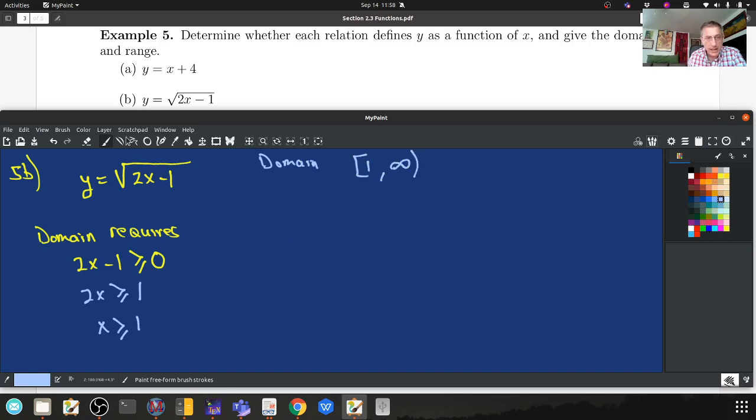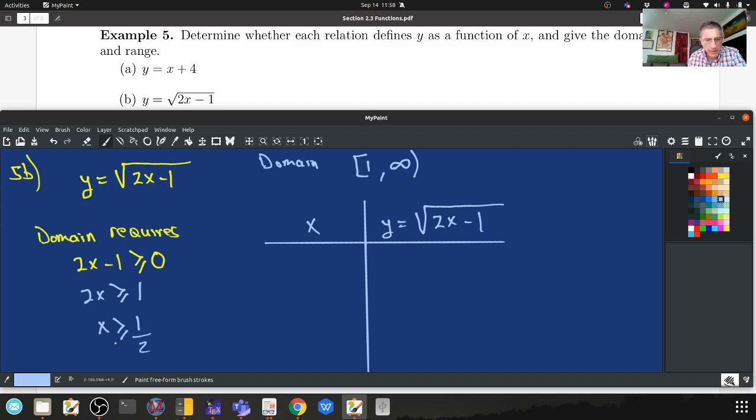So let's actually try to plot this out. This is what you would do here. I don't really know what you would do, being at home and all. Well, sorry, I forgot to divide through by 2.